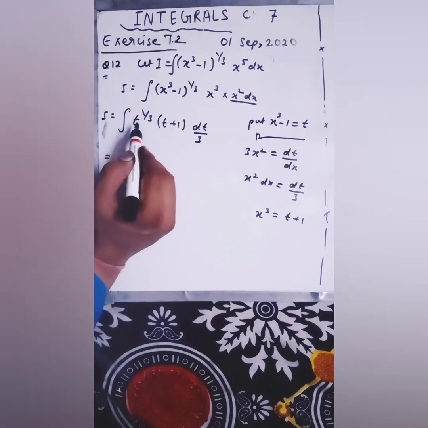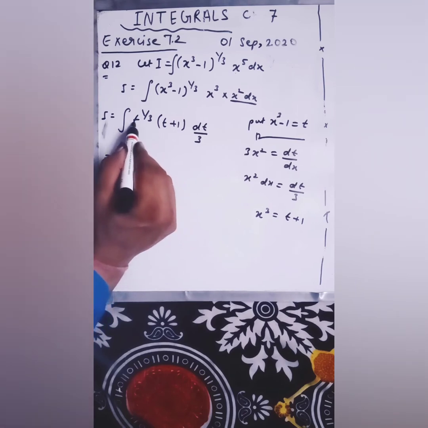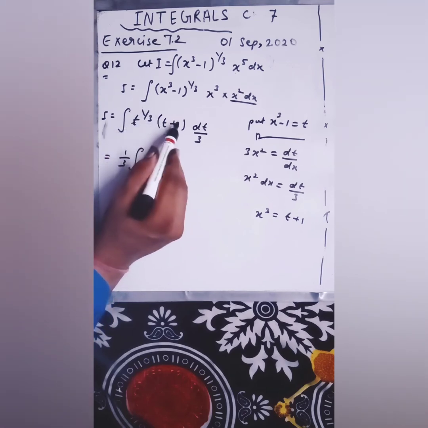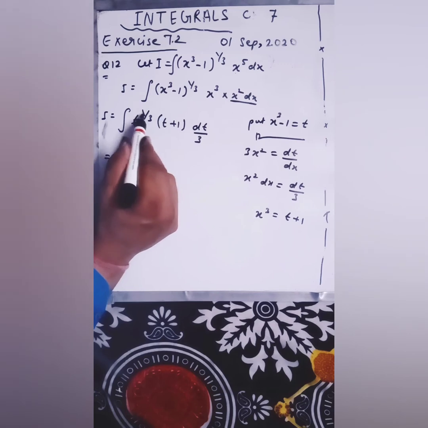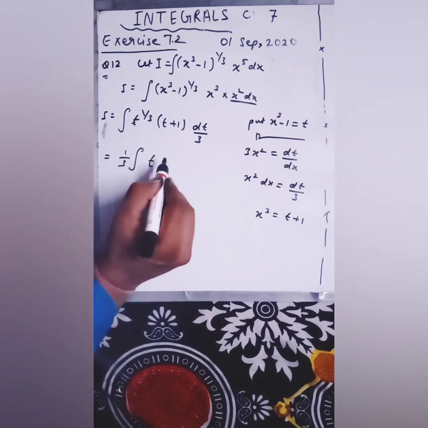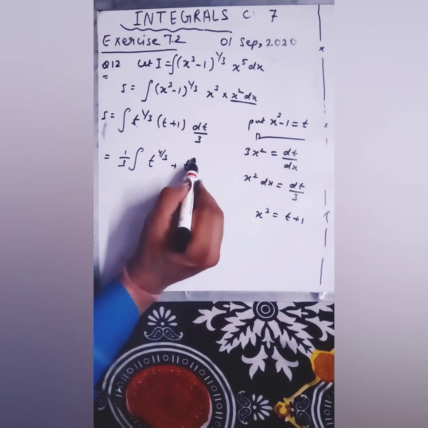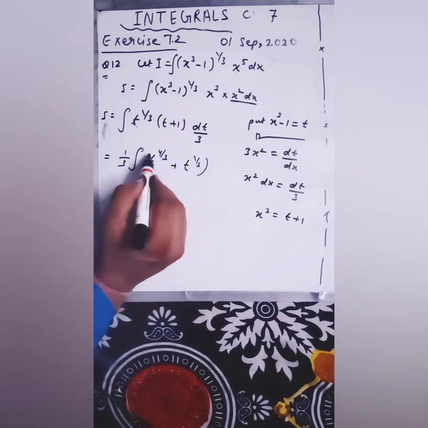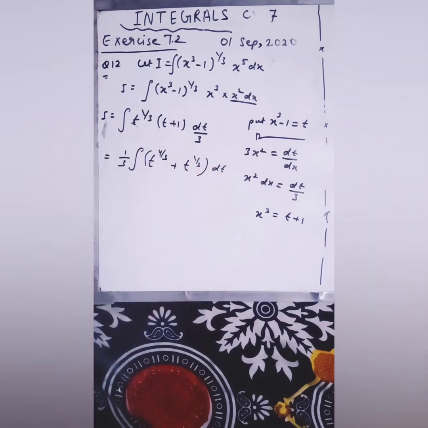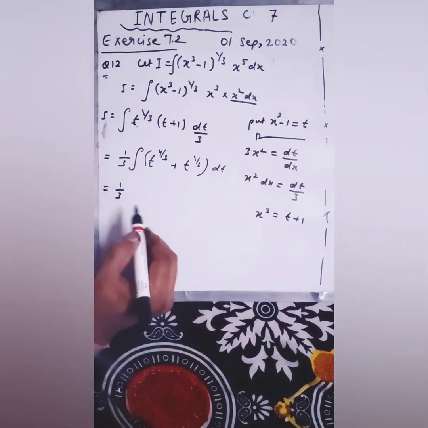So now this 1 by 3, I am shifting outside of this integration, and I am multiplying this t with this and this 1. So here power is 1, here power is 1 by 3. When you multiply this with this, you will get t raised to power 4 by 3, plus when you multiply this by 1, you will get t raised to power 1 by 3, into dt. So now simply you have to integrate it.